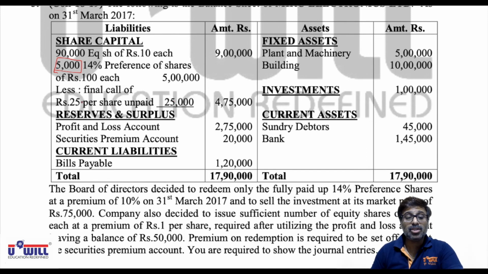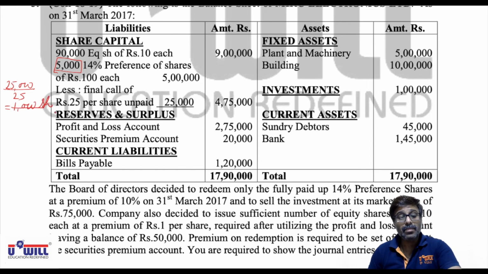Now the total amount is 25,000 and 25 rupees is not paid, which means on how many shares is this final call not received? Can we say 1,000 shares? These 1,000 shares are calls in arrears.